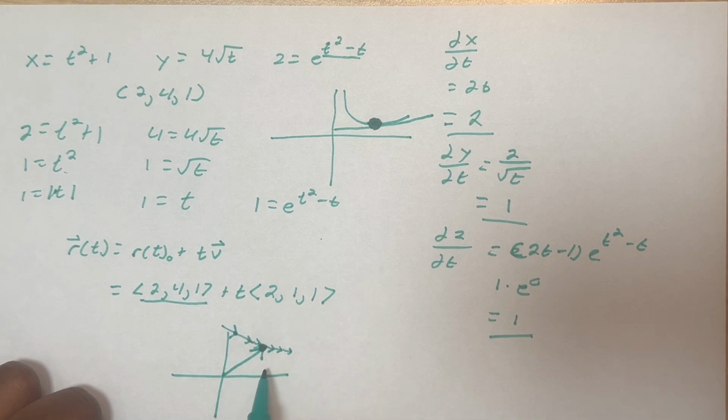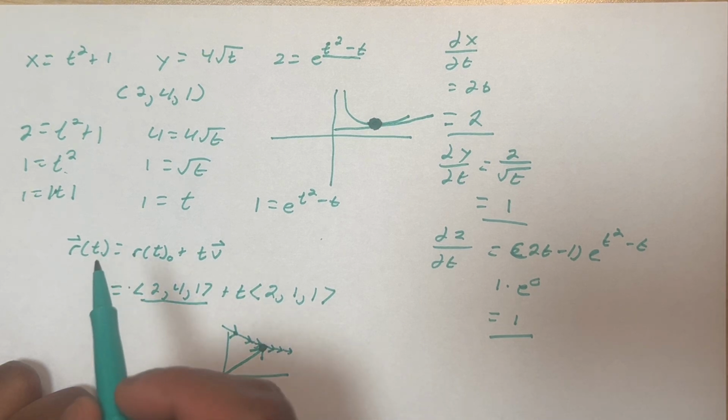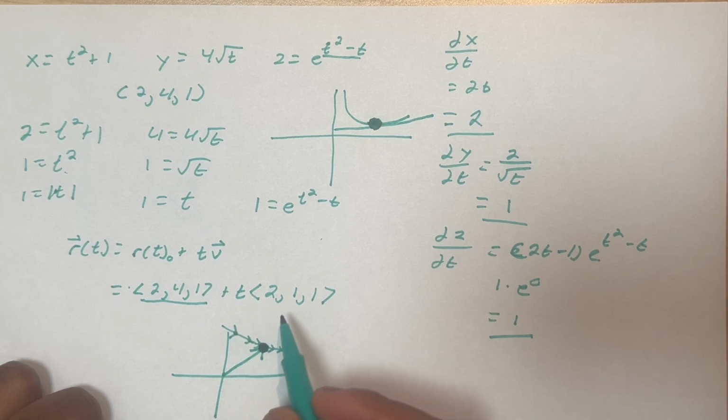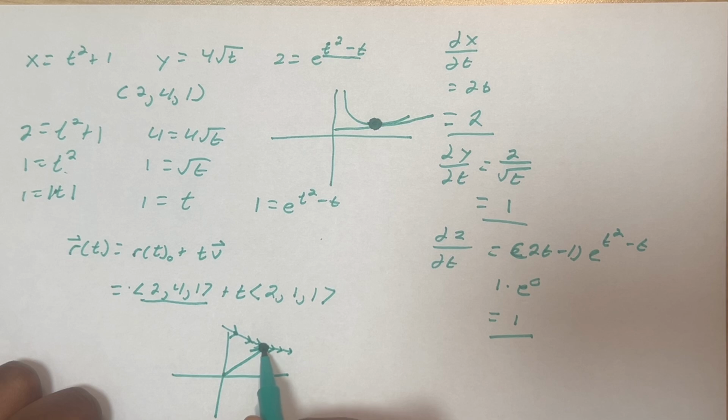The actual function or line that we get is not this vector. This vector just points to the initial point. That's a key point. So this will be the initial. When t equals 0, we have (2, 4, 1). We're starting at this point.